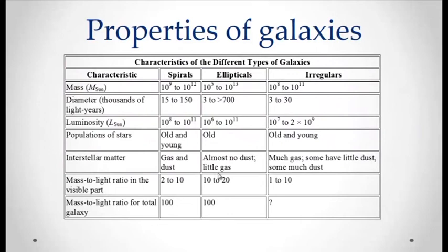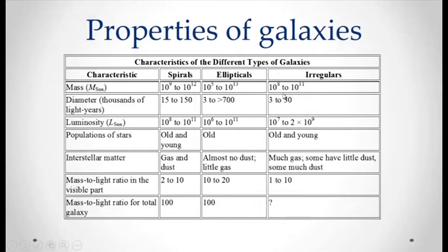Coming to the properties of galaxies, the mass of spiral galaxies will be approximately 10^9 to 10^12 times the mass of the Sun. For ellipticals, the mass of the galaxies will be 10^5 to 10^13 times the mass of the Sun.